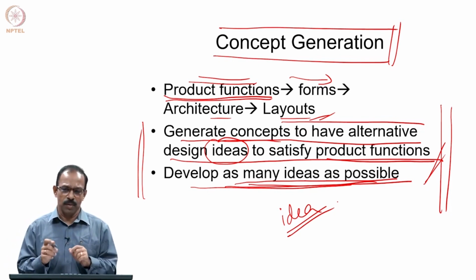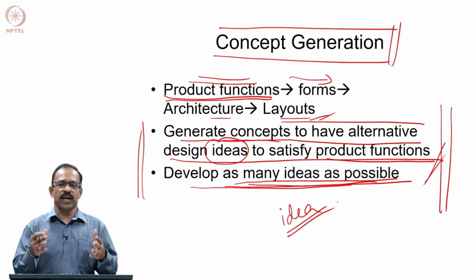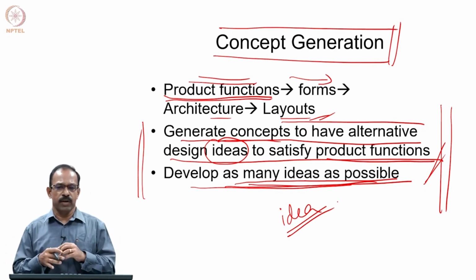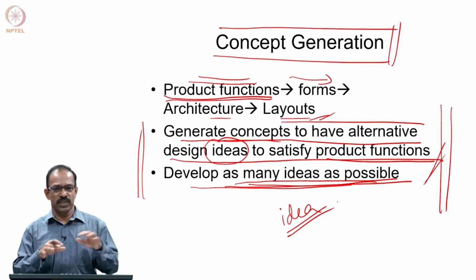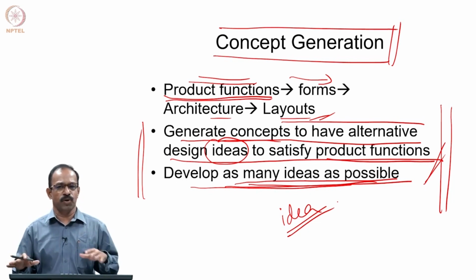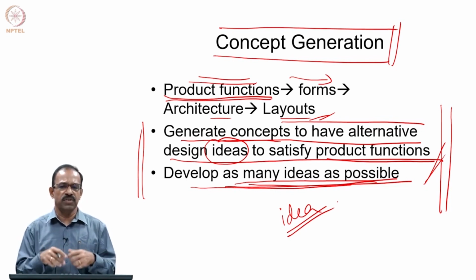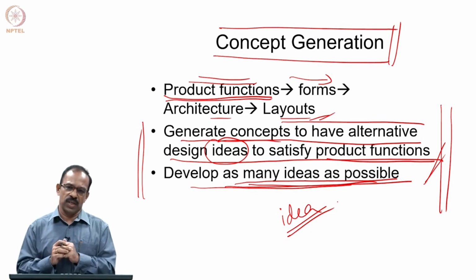Identifying all those things is basically a concept. So, "I can fly" is an idea, but if I say that I can have 2 wings and flap them at a particular frequency, and the drag forces will be overcome by the flapping of the wings, then I am giving a more detailed description of what the idea is and how it is going to function, and that is known as the concept.